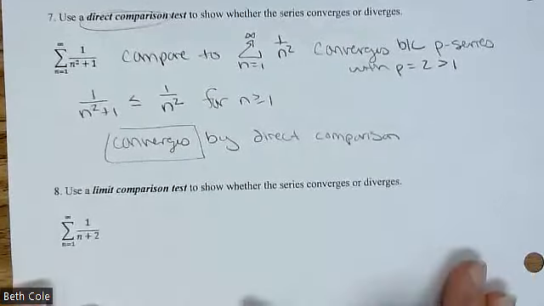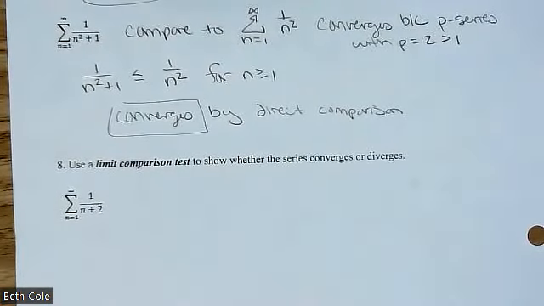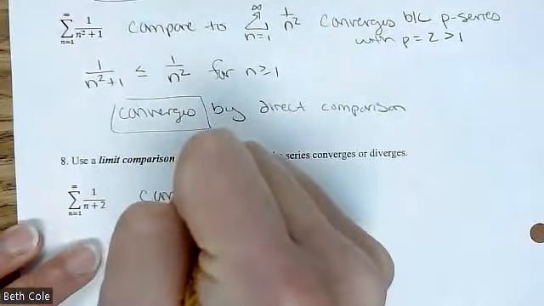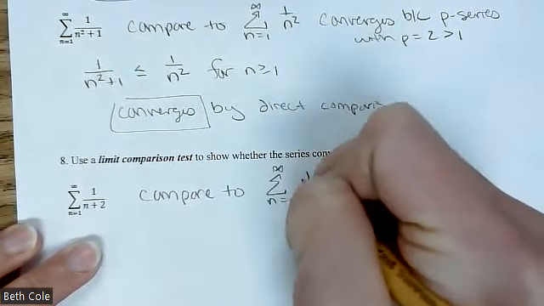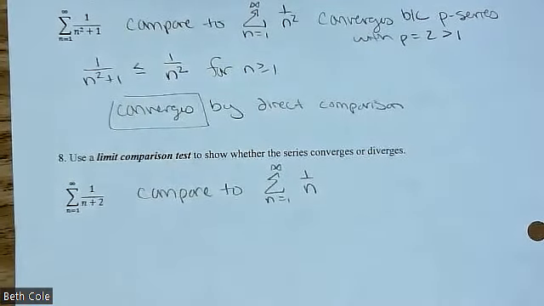And then the last one's a limit comparison, which I like better because you don't have to worry about which one's bigger or smaller. You just do a limit and it will work. And then you can just do your conclusion. So what do we want to compare this one to? 1 over n. Are we getting used to writing a sigma? Written it like a gazillion times now.